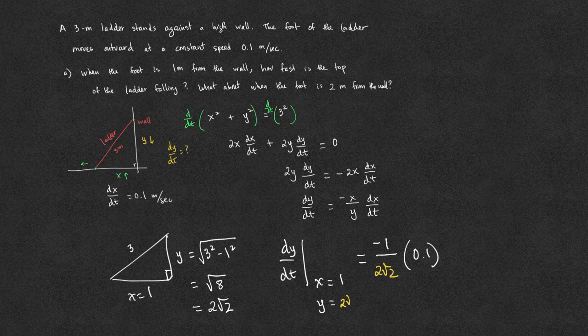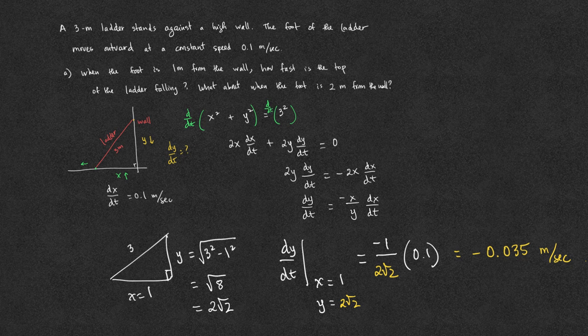If we plug this into a calculator, we will get negative 0.035, and the unit is meter per second because this is the rate at which the top of the ladder is falling.